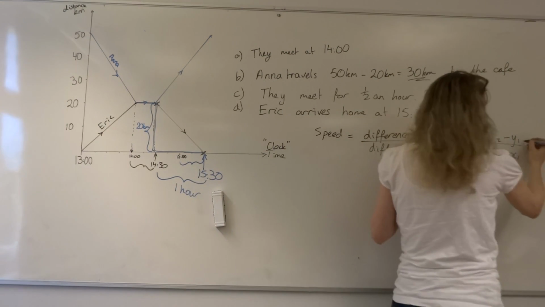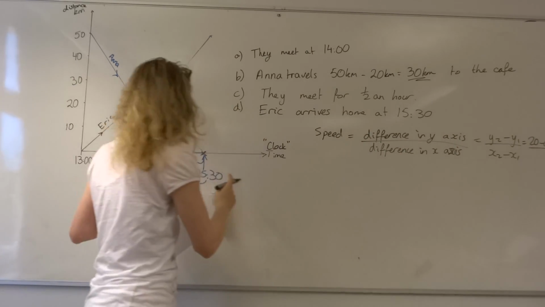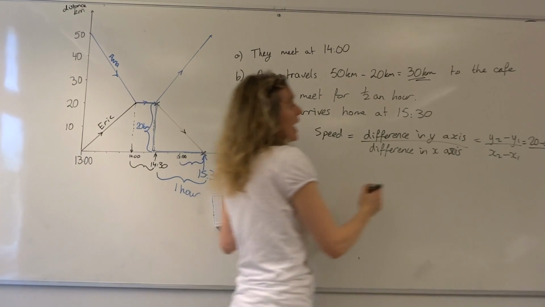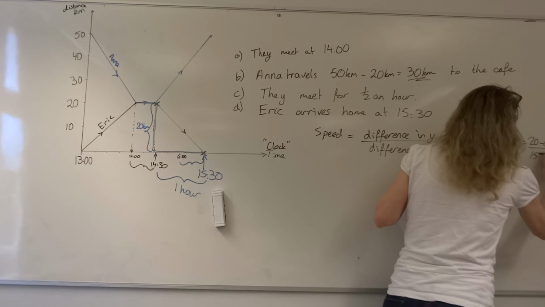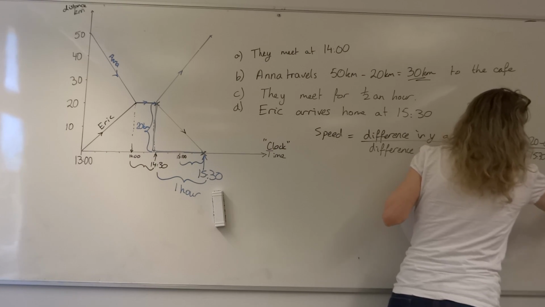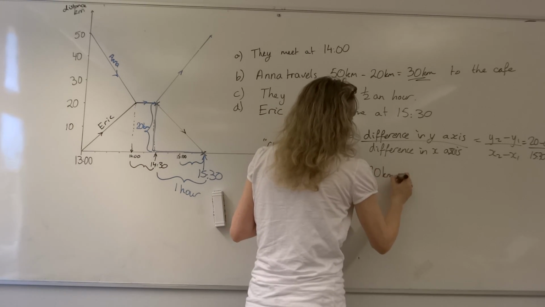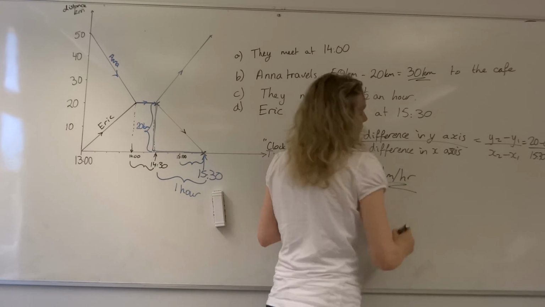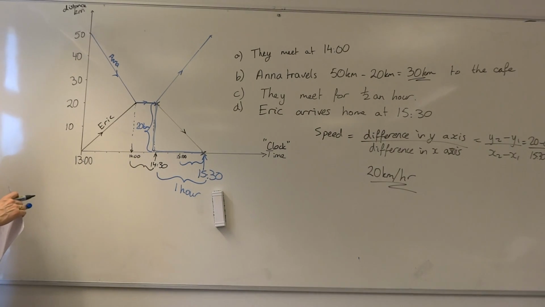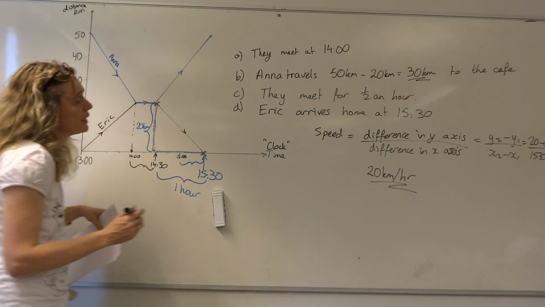So 20 minus 0, divided by the difference in time, 15:30 minus 14:30, would give us the answer in hours. So we get 20 divided by 1, so we get a speed of 20 kilometers per hour. So Eric travels at 20 kilometers per hour, and that's how you use the graph to calculate that.